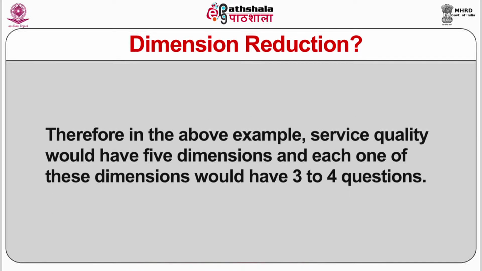Therefore, in the above example, service quality would have 5 dimensions, and each one of these dimensions would have 3 to 4 questions. For example, assurance would have 4 or 5 questions, and therefore SERVQUAL in total is a 22 item scale for measuring service quality.